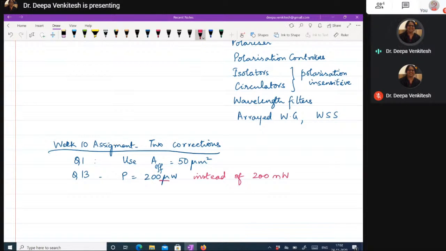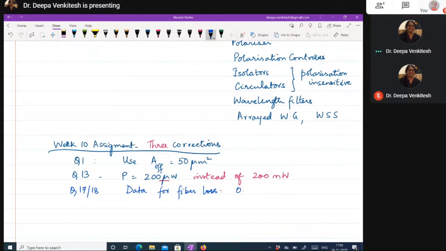And in fact, there are 3 corrections. The third correction is in question 18, the data for fiber loss.